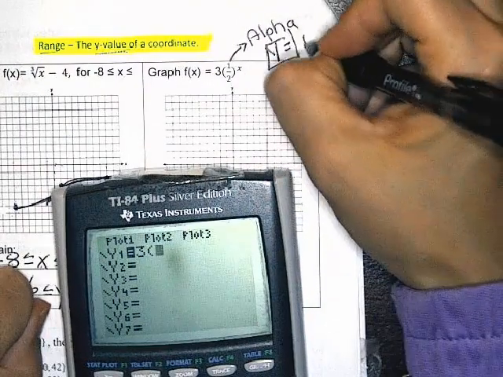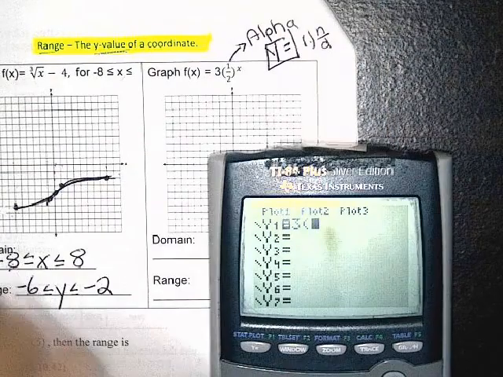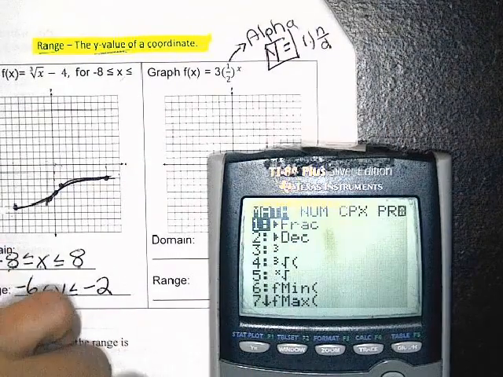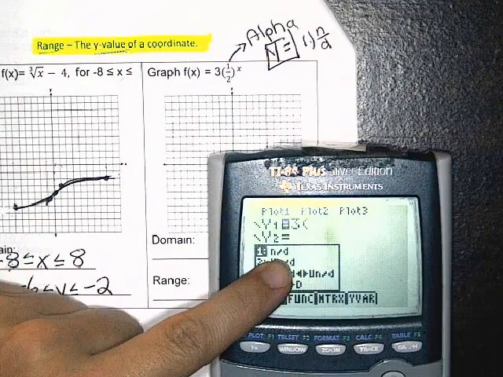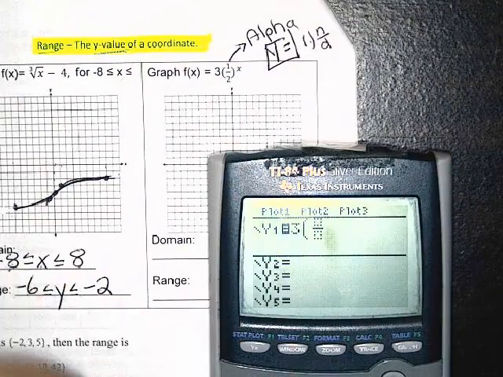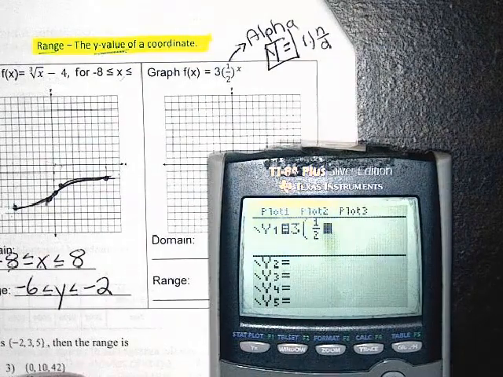Then you want 1, that stands for numerator over denominator. So I do 1 divided by 2 and then close that parenthesis.